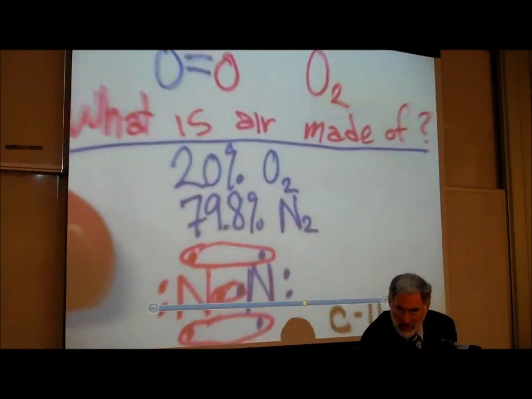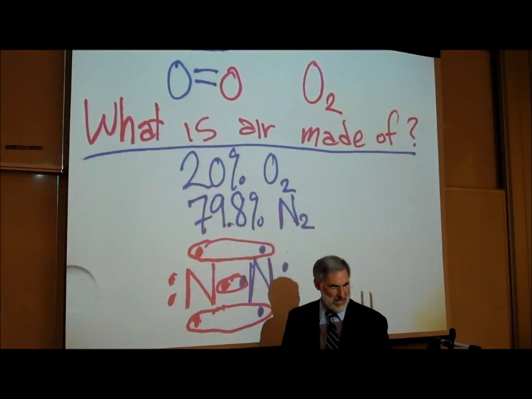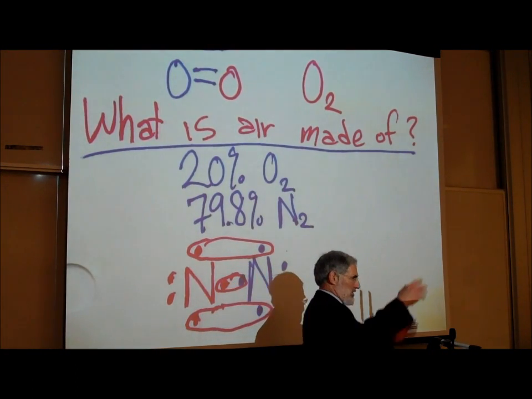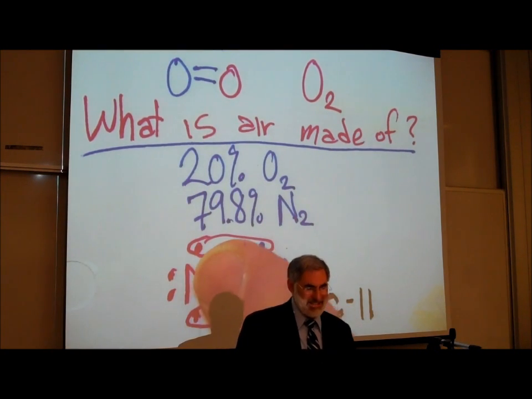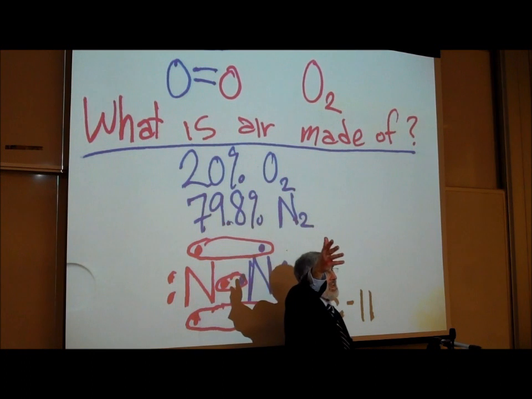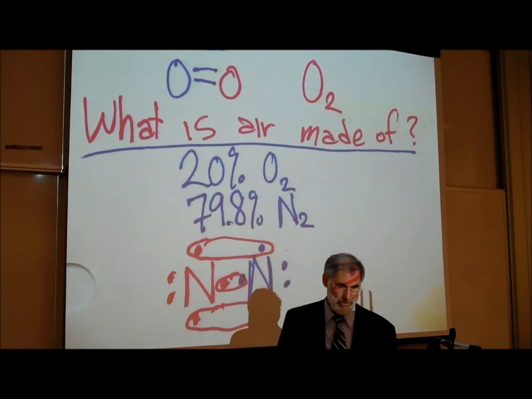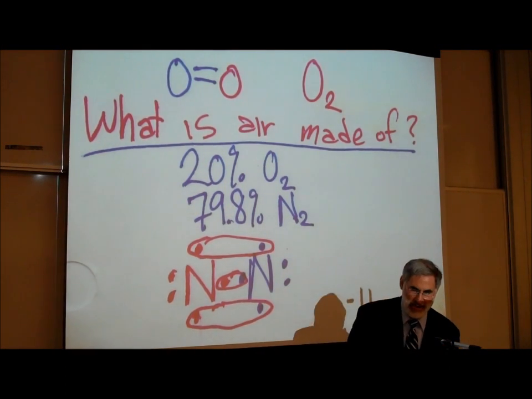The actual chemical composition of air is about 20% of the molecules in air are oxygen. Only 20%, 1 out of every 5 molecules that you inhale. Almost 80%, 79.8, almost 80% of the molecules that make up normal air are nitrogen gas, N2. Now, it's not a full 80%, it's 79.8.